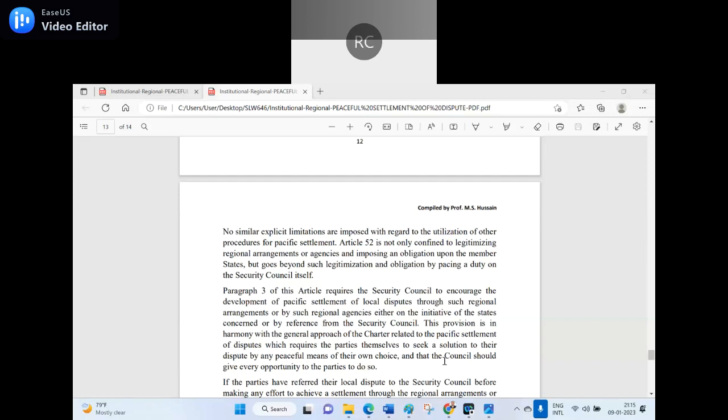Okay. So Article 52 is not only confined to legitimizing regional arrangements or agencies and imposing an obligation upon the member states, but goes beyond such a legitimation and obligation by placing a duty on the Security Council itself.